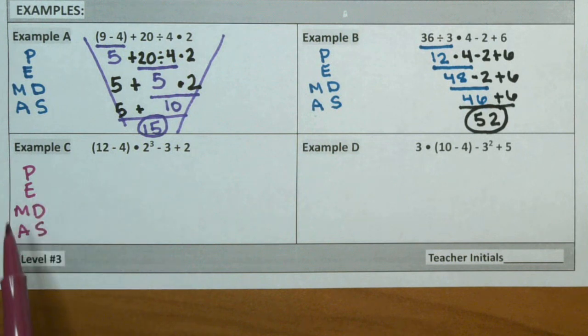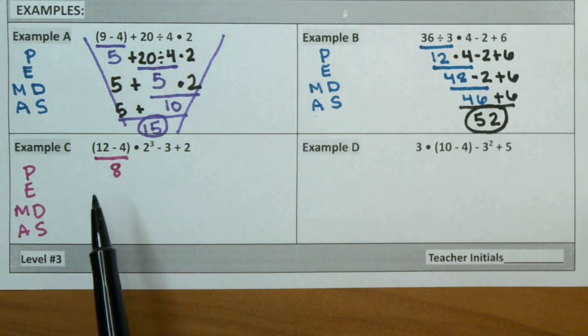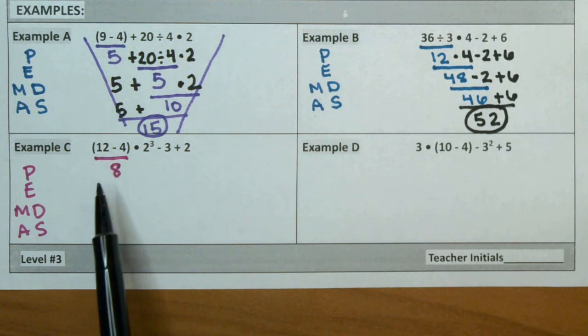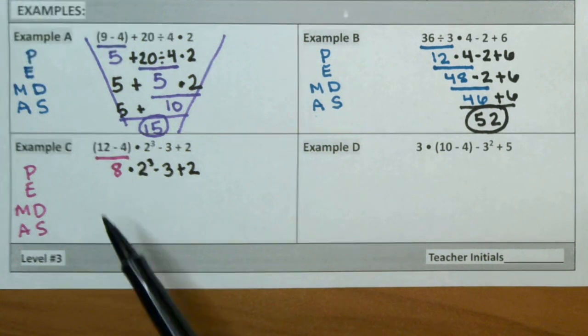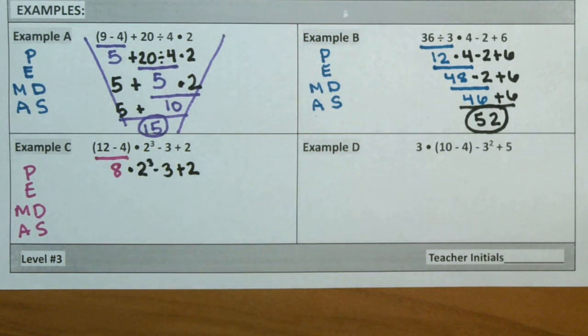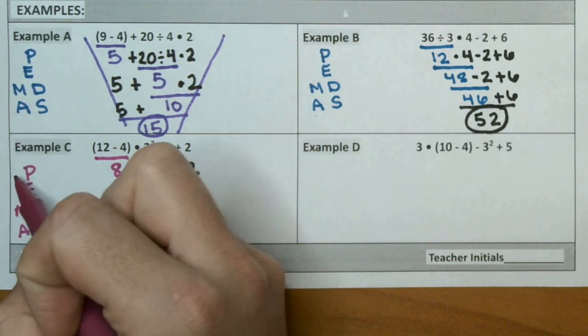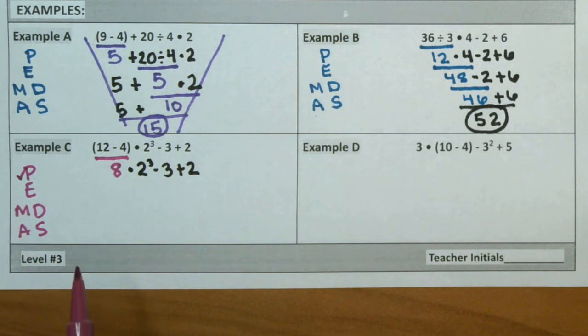For C, you should have written PEMDAS. You should have underlined our parentheses and written the answer right beneath it. Make sure your exponent is small and doesn't look like a 23. It should look like 2 cubed. Your next step, okay, so we don't have any more parentheses. Now we do have an exponent.